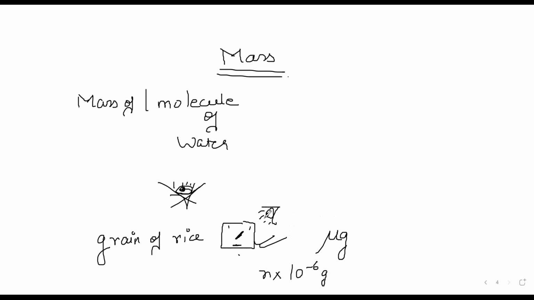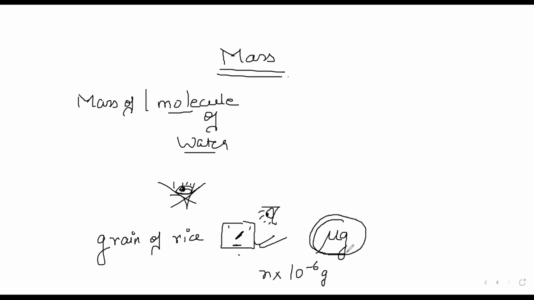But the condition is that this grain of rice is clearly visible to you, right? But when we're talking about a molecule of water, it is not visible to us. So definitely the mass of one molecule of water would be even smaller.